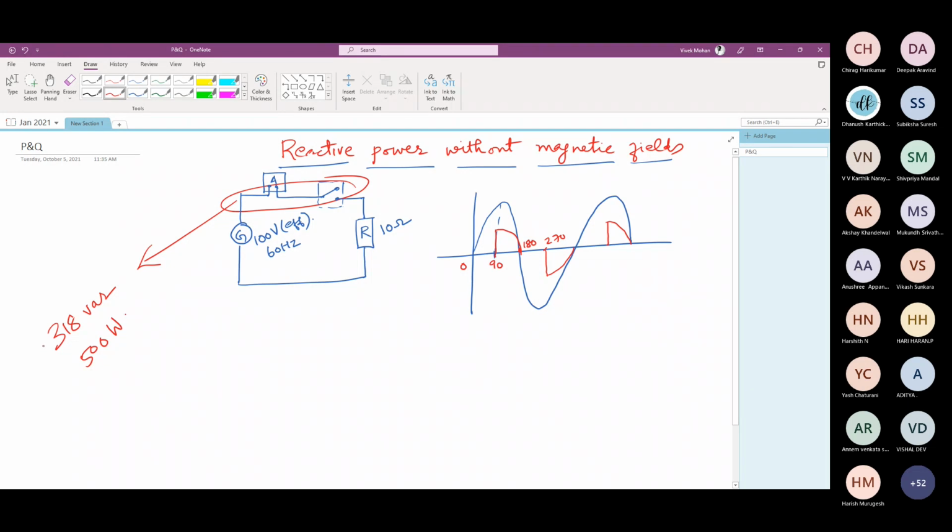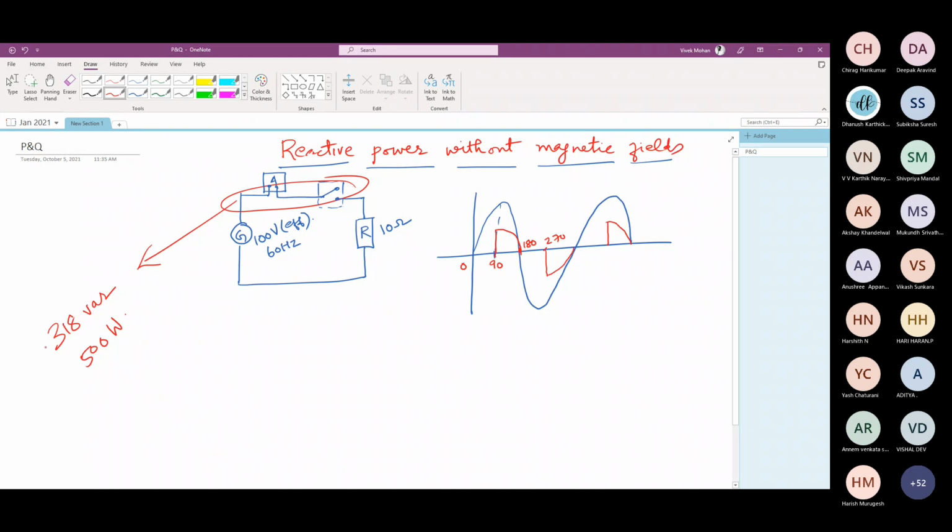You might have gone through the previous lectures. What must be the sign of this var 318? Is it plus or minus? Anybody? We assign a positive sign if the reactive power is consumed or it is associated with the reactive load.